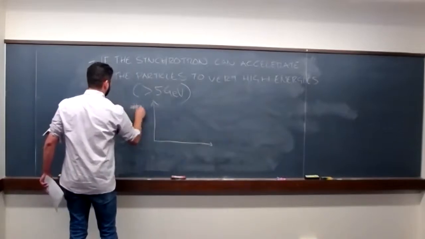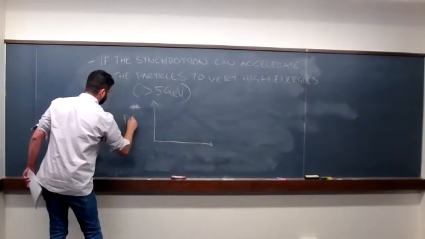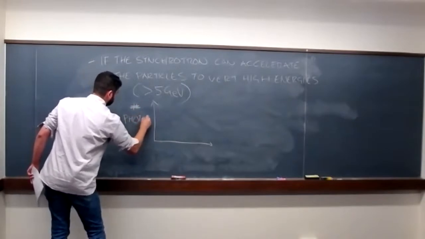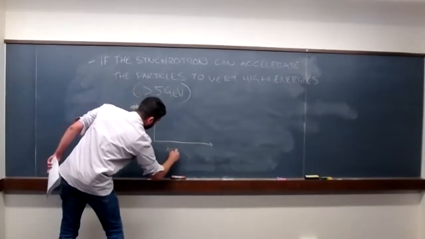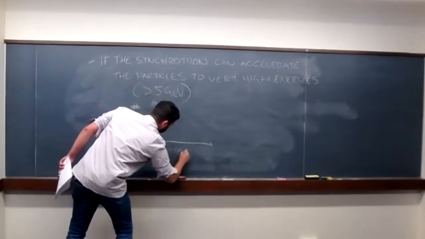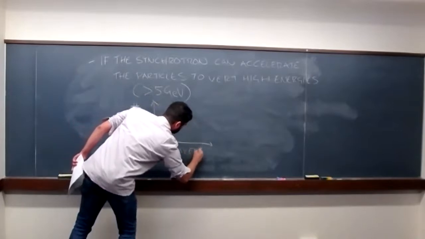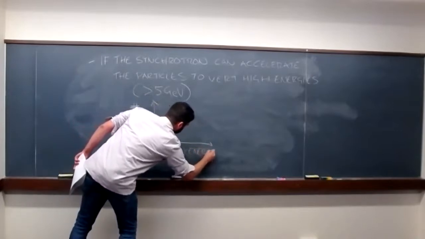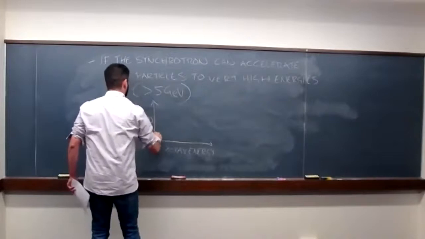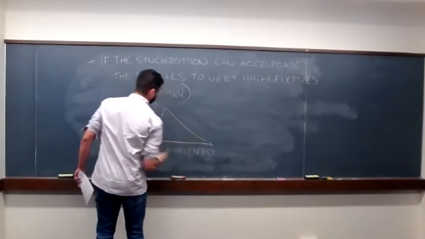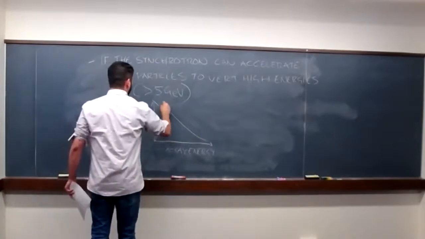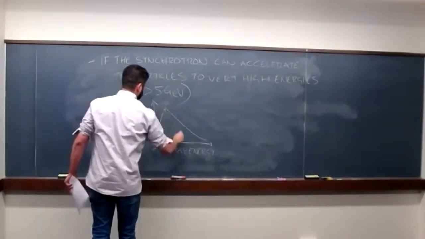On the left side, we have the number of photons. And the bottom, we have X-ray energy. A spectrum that looks kind of like this, peaks out somewhere around 10.